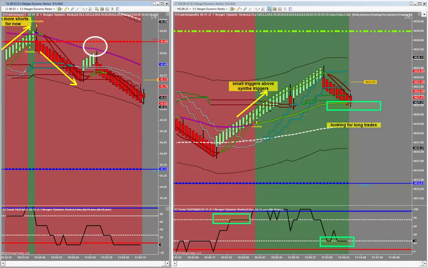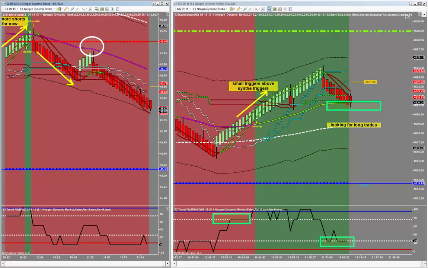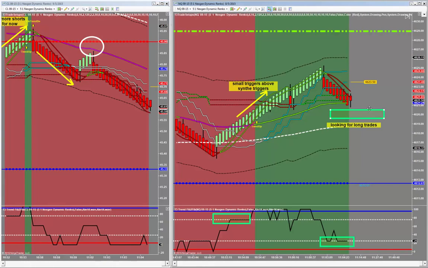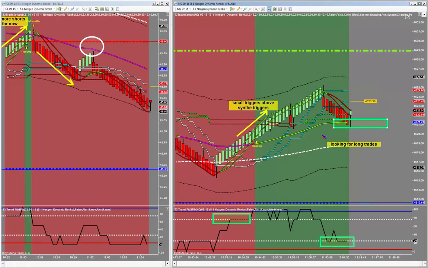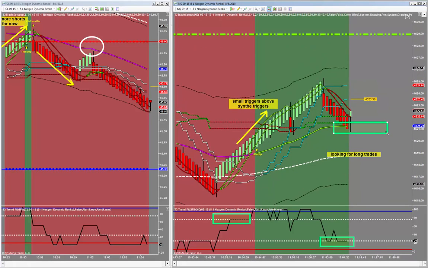Small triggers on the wrong side, small triggers on the correct side, and easier to the downside. Now we've got our eyes on the small triggers on our NASDAQ market, right? If our small triggers get below all the synthetic triggers in our mid band here, we're not going to take any more long trades, right?